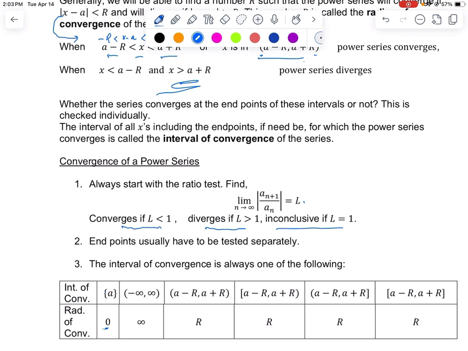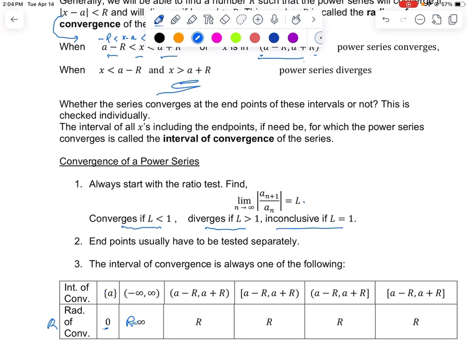So R is 0. The second row is representing R. It can also happen that the interval of convergence is negative infinity to infinity, meaning the whole real line. In that case the radius will be infinite, so R will be infinity.